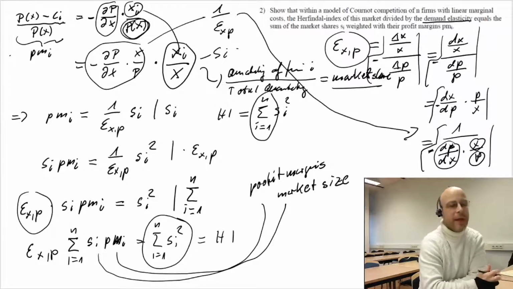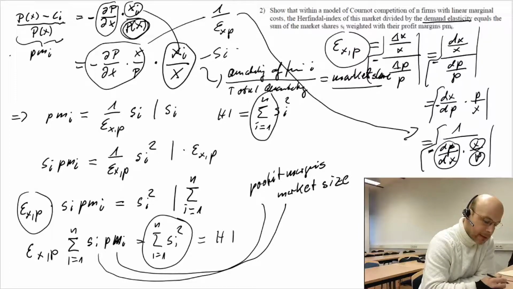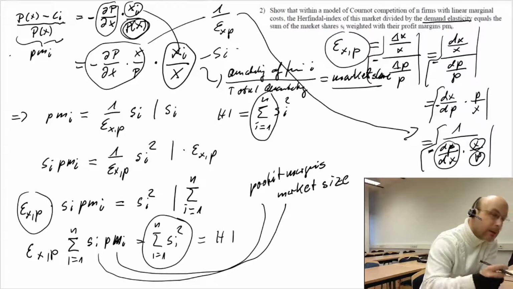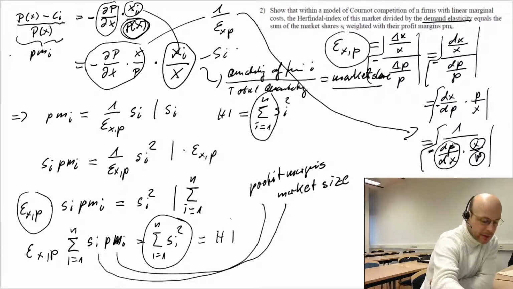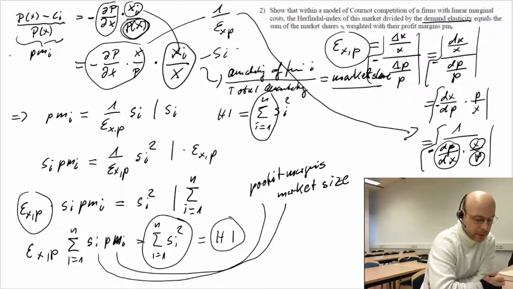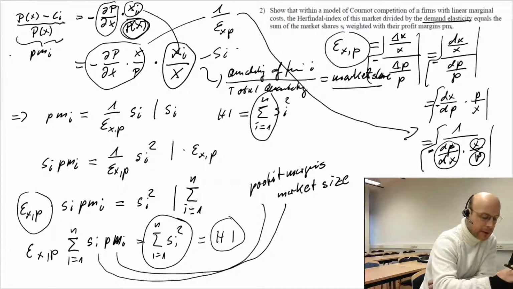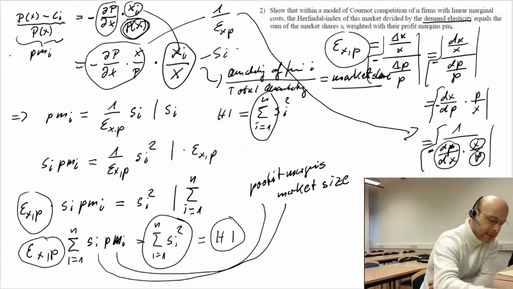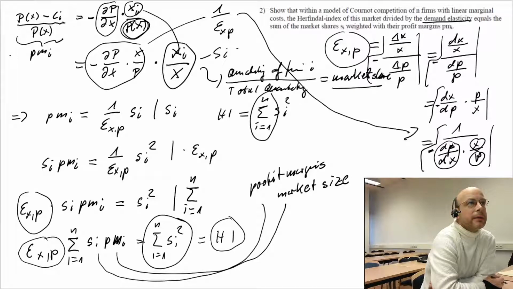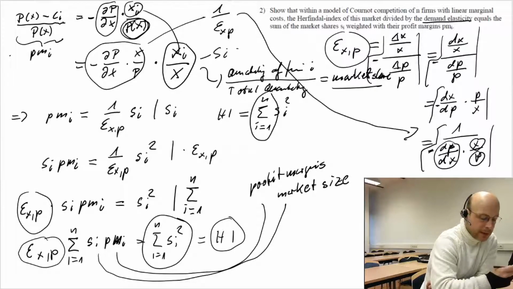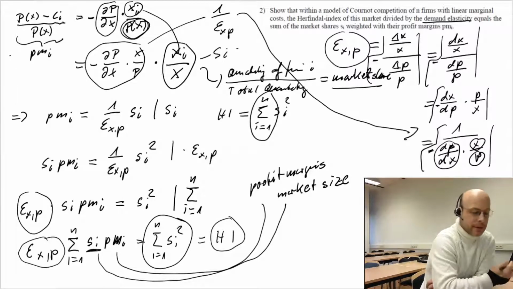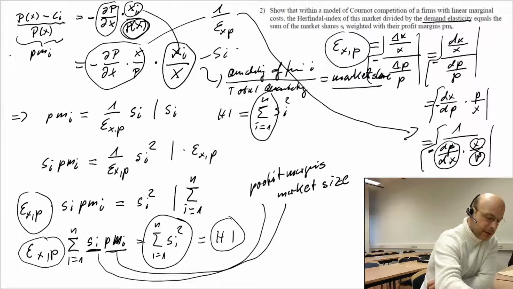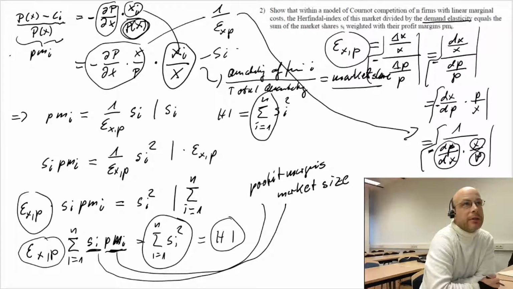So we have then shown that within Cournot competition with n firms, the Herfindahl index equals the demand elasticity in our market times the weighted sum, and the weights are the market shares of the profit margins.